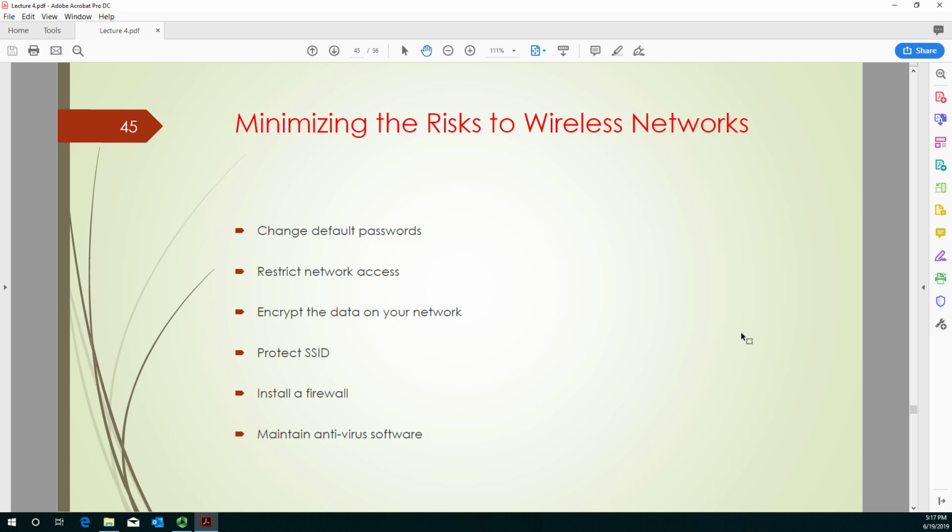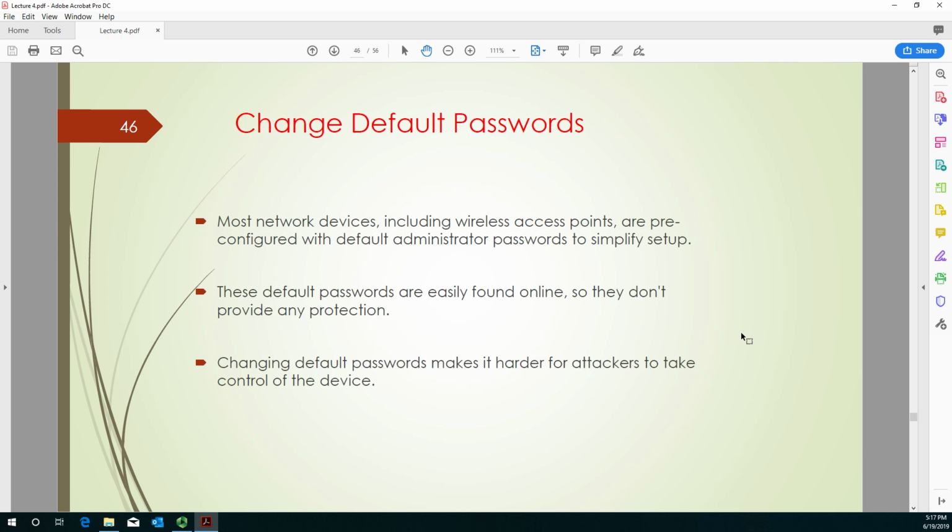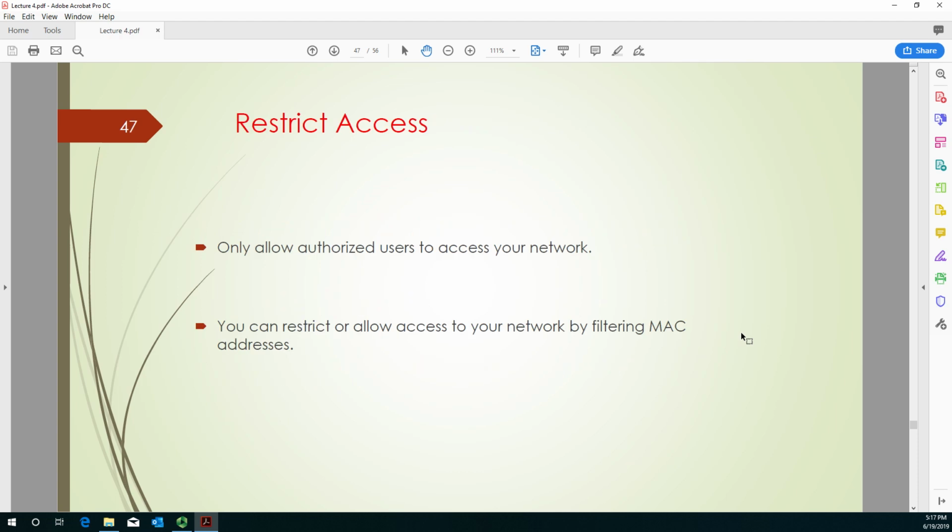So for wireless networks, you need to change default passwords. The thing that identifies the wireless network is the SSID. You could install firewalls, antivirus software, encrypt the data within the network. That's very important. We're talking about the same thing again and again. Change the default password. Restrict access, right? You don't want to have an insecure network.